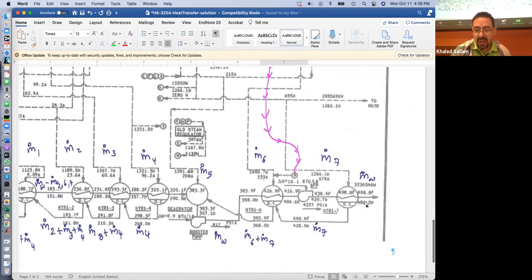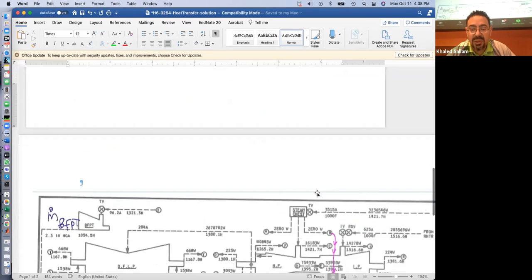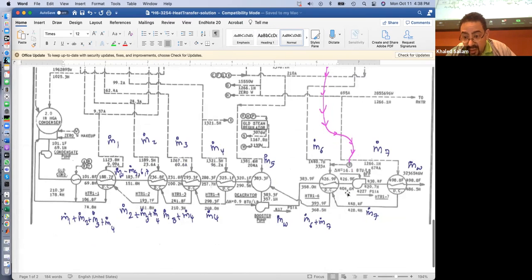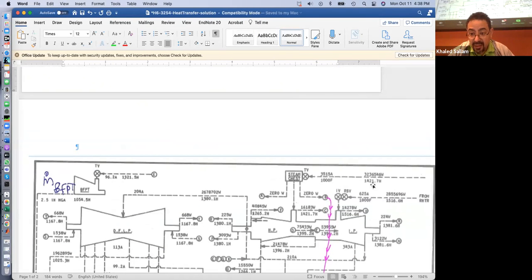When you look at this, what is the pressure coming into this boiler? You see that 4,000? 4,200, right? 4,227. That's the pressure coming in. And the pressure coming back is how much? 3,500, right?